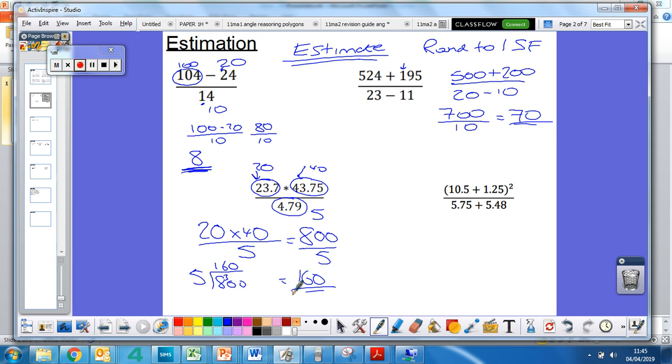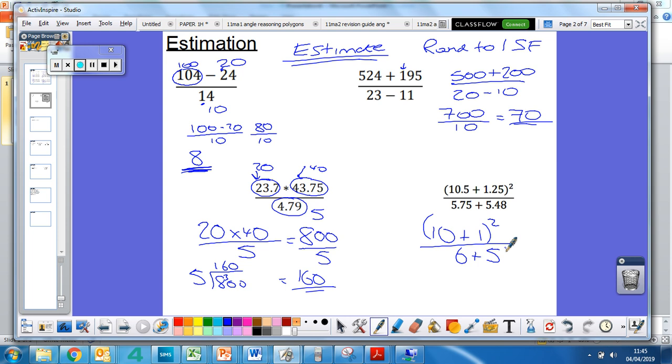Final one on this page. Now we've got some brackets, now we've got some powers, we've got division bars, we've got addition. Still BIDMAS. One significant figure, 10 plus 1, all squared over 6 plus 5. Be confident on each of those roundings. One significant figure.